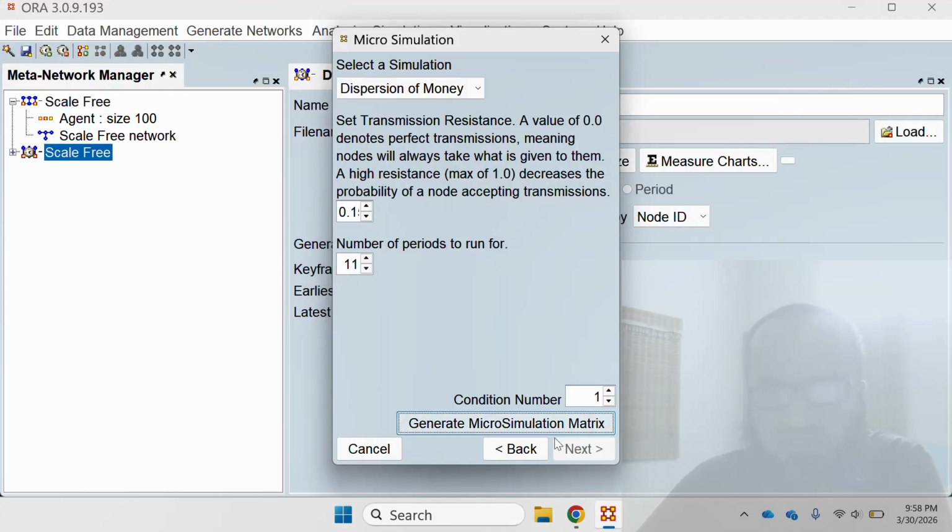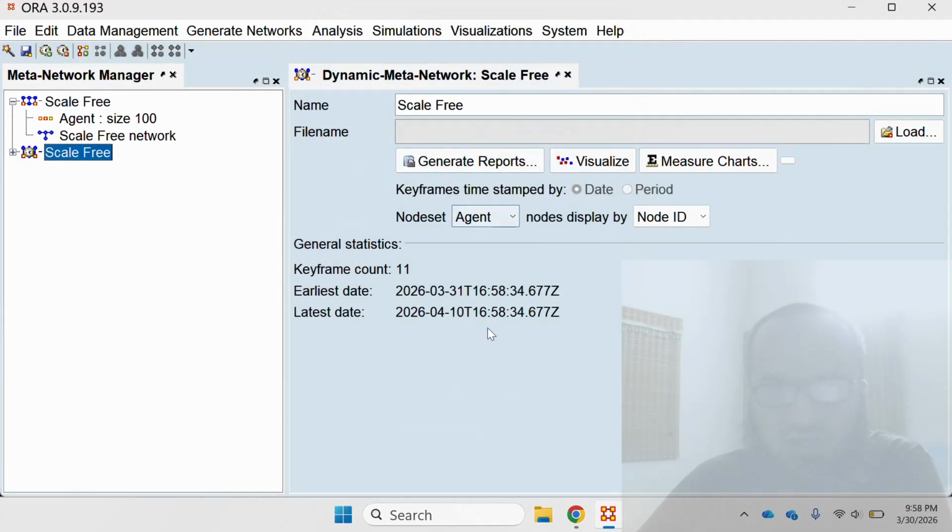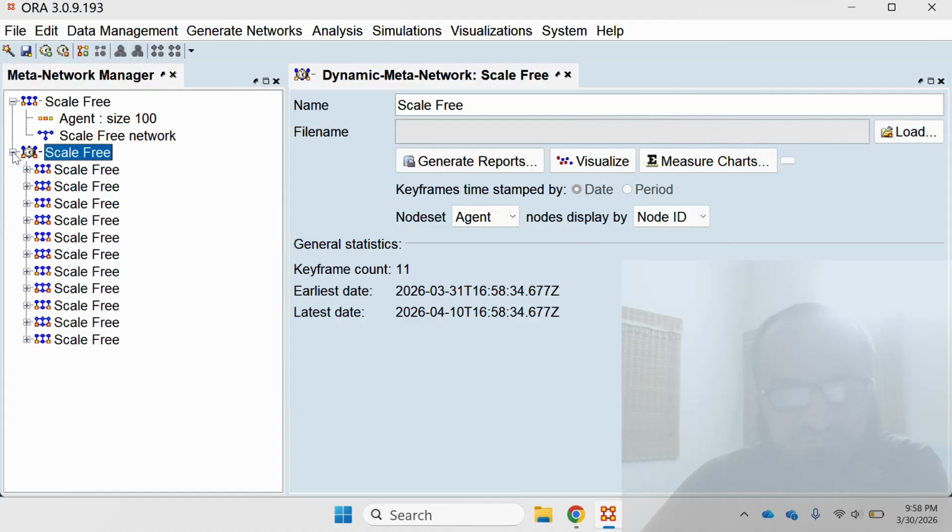As soon as I did it, I did not see anything in terms of visualization, but I see that another network has been created. A meta network has been created, and its icon is different from the meta network we generally see. So it's a sort of dynamic meta network. Let's expand it.